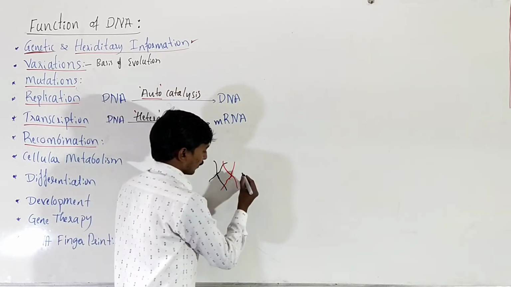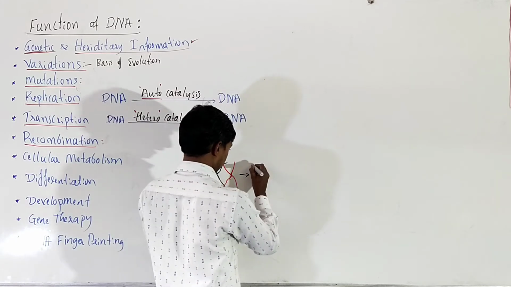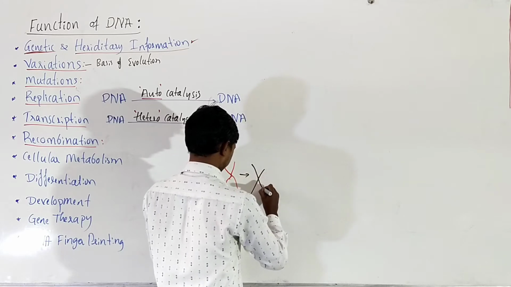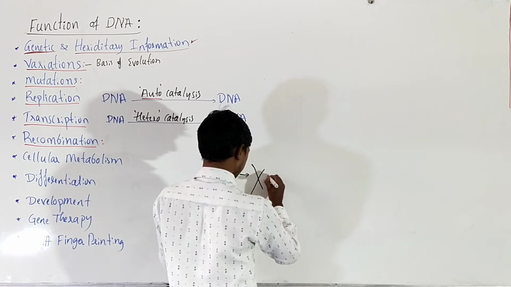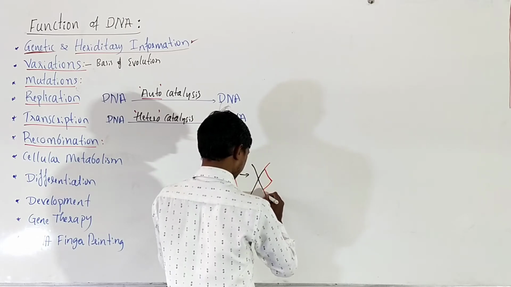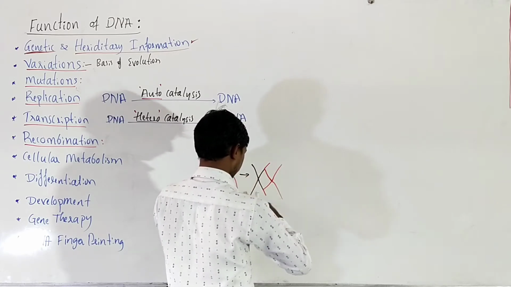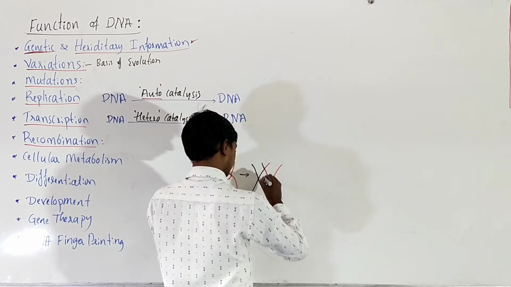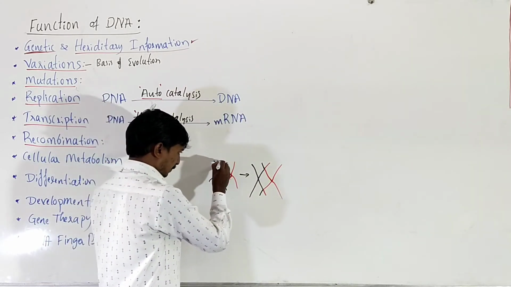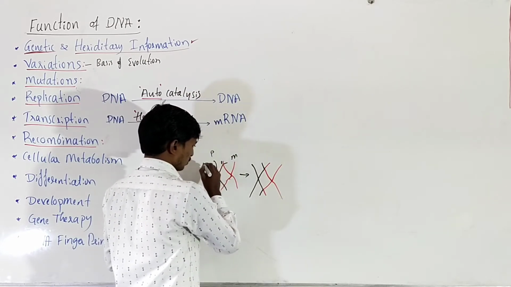After meiosis, these chromosomes will have, I will just draw a diagram to understand better. You can see here, this is the paternal chromosome.